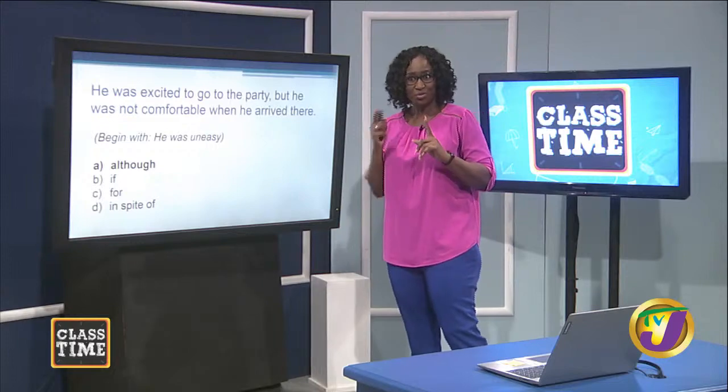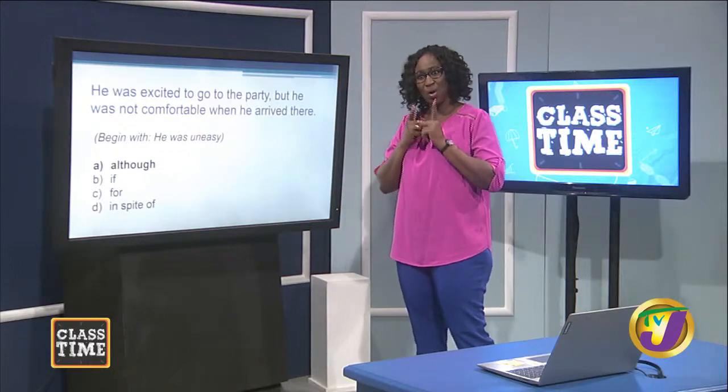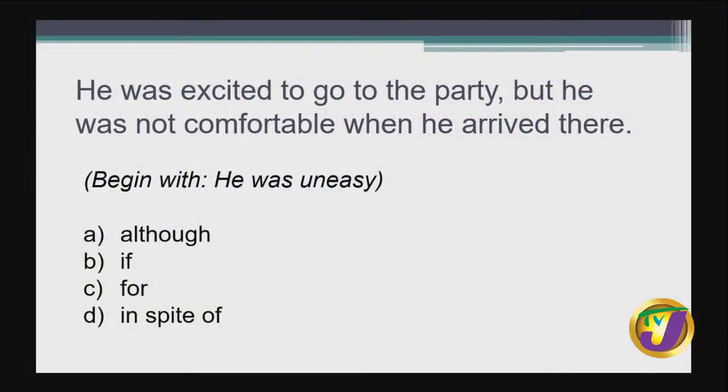So the word you should have thought of using is although, because you're going to start with he was uneasy, something, something, something about being at the party, although he had been excited in the beginning.